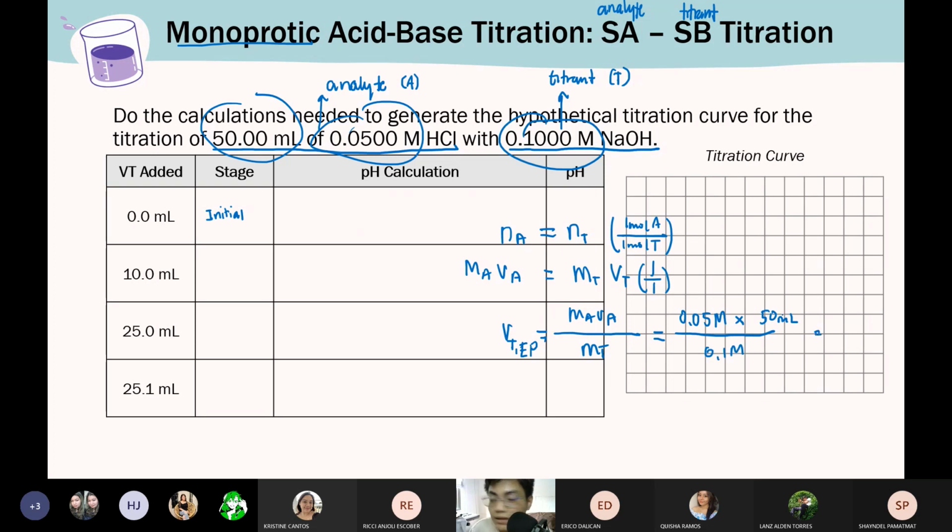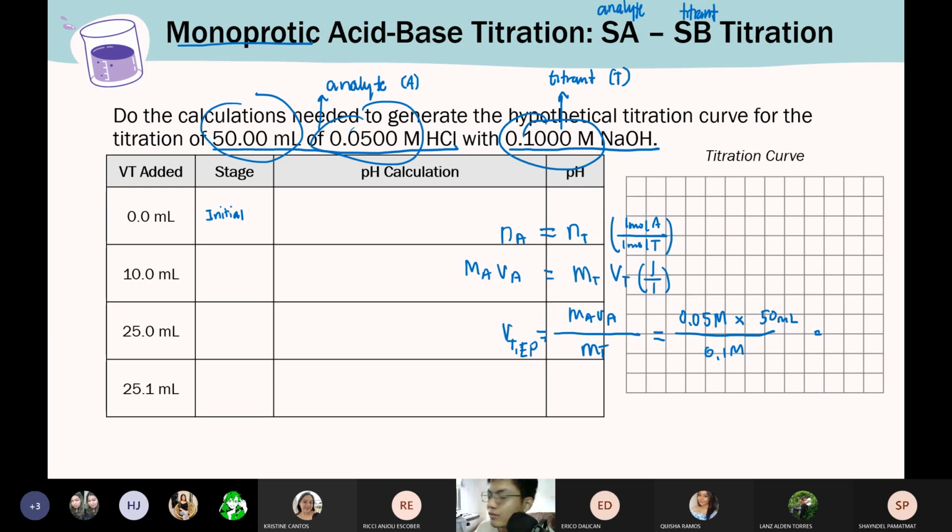What is our VTEP? What is the volume of titrant at equivalence point? Can you calculate it? Press on your calculators. What's the answer?